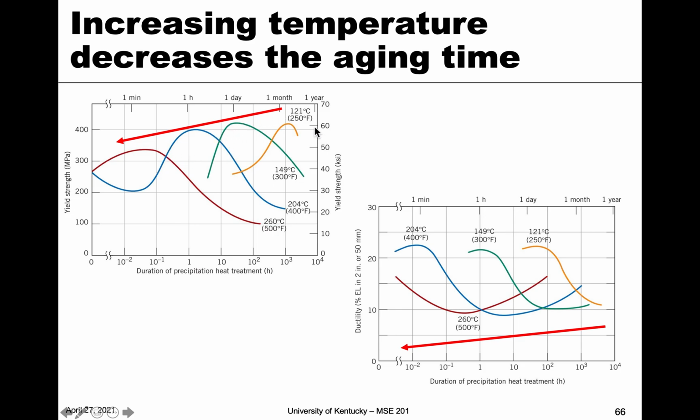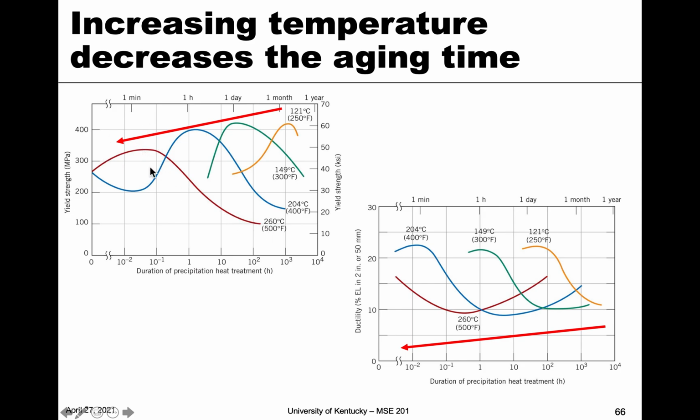You can kind of see that here. So 121 Celsius as an aging temperature has the max yield strength, and then it kind of goes down here. However, you can see that for 121, it takes somewhere between a month and a year. And then it's a day for 149, and then 1 hour for the 204, and then 1 minute for 260.